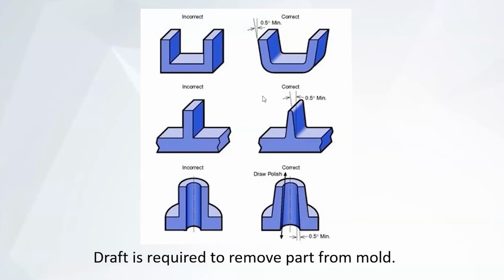Every product that you have purchased that has custom plastic has this draft on it. You just don't see it or notice it because it's such a fine angle, but it's something to keep in mind. Same is true with this part here. The mold fits around here to form this piece, but then it can be a little bit difficult to remove the part from the mold. So if you add the angles to this wall, then this will allow the part to be more easily pulled out of the mold.